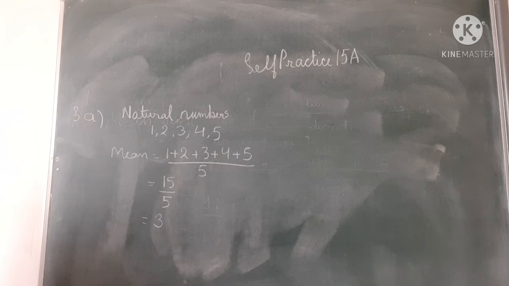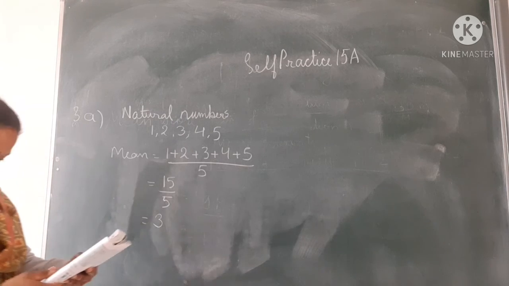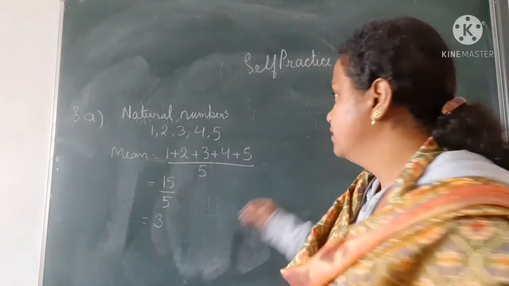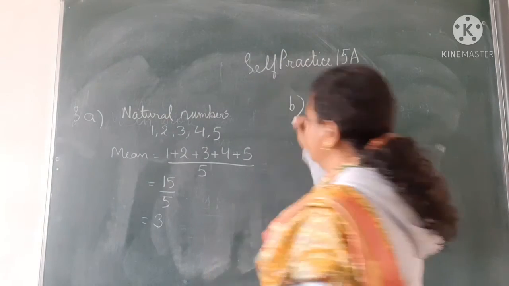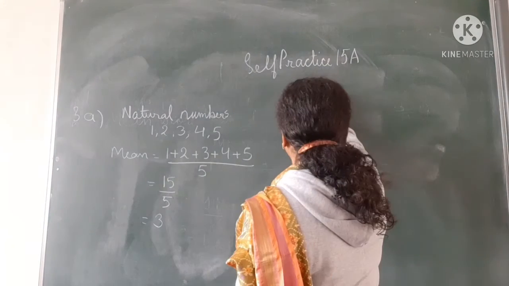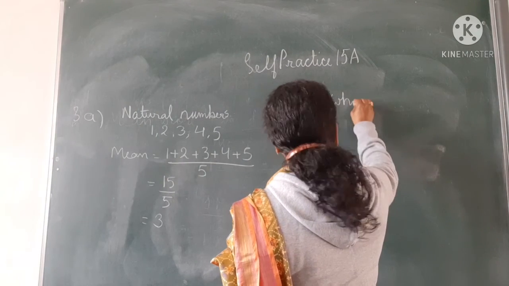Correct? Now, what is your second part? You will see the second part of it. Whole numbers. What is in the second B part? First 7 whole numbers. So 7 whole numbers, what are there?